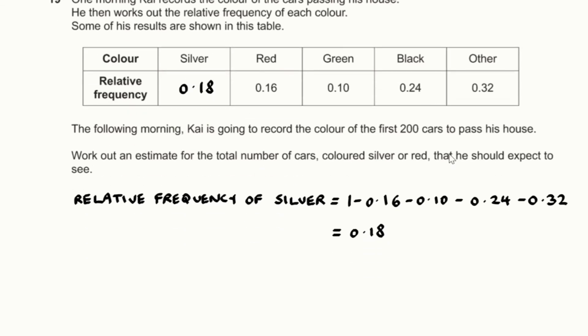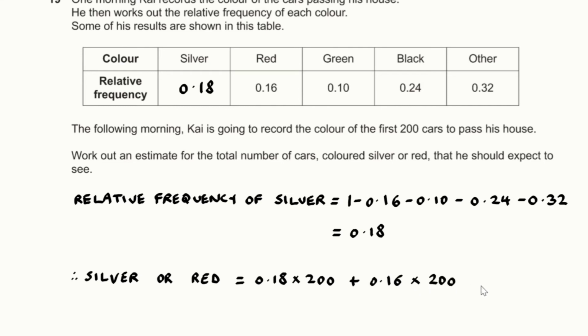And now, if there's 200 cars that pass his house, for silver or red, what we would have then for silver or red, we've got 0.18 times 200 plus 0.16 times 200.